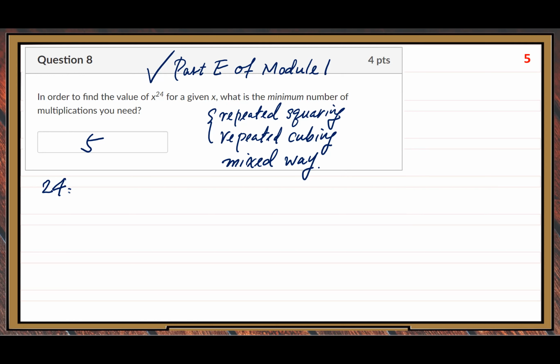You can get this 24 in many different ways. The first way is if we use the power of 2 structure.